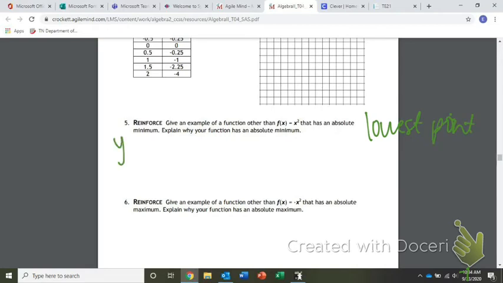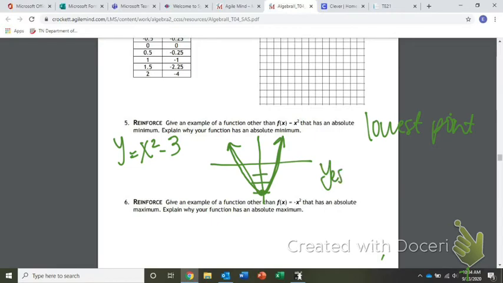So I'm going to take my function, and I'm just going to move my graph down 3. Does this still have an absolute minimum? Yes. 0, negative 3.